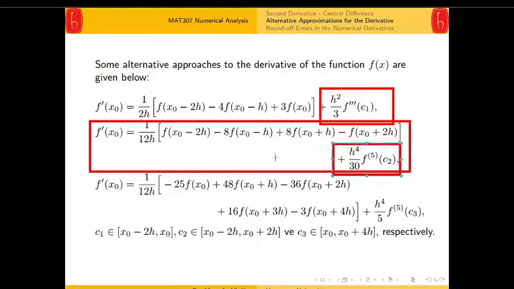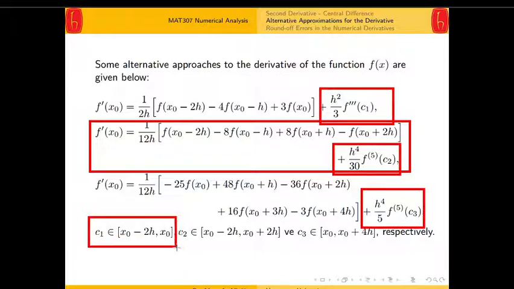So for the third one, if we use this formulation, starting from here to there, we still obtain accuracy of fourth order. Here C1, C2, C3 are between, for example, in the first approximation, x naught minus 2h and x naught.